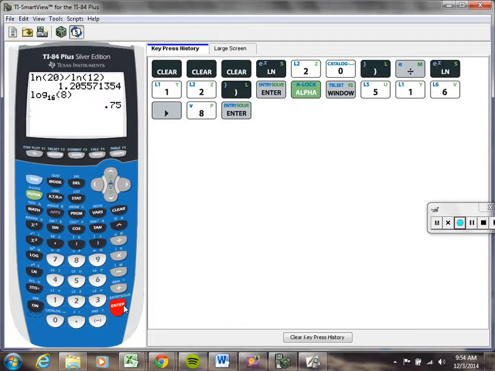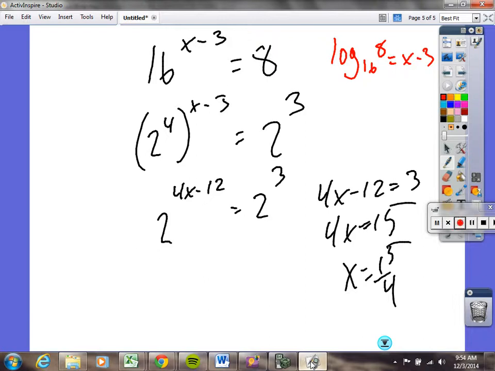Which is 3/4, right? And then I go back over here. So that's 3/4 equals x minus 3. Then I add 3 over, so x equals 3 and 3/4, which is 15 fourths.